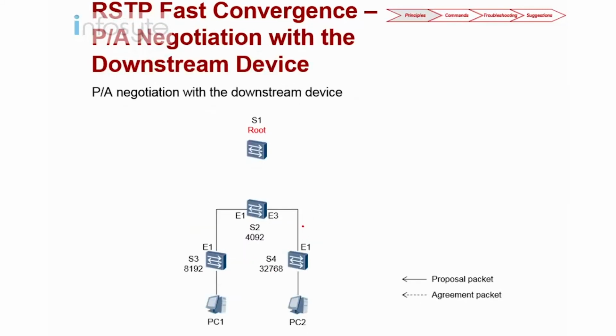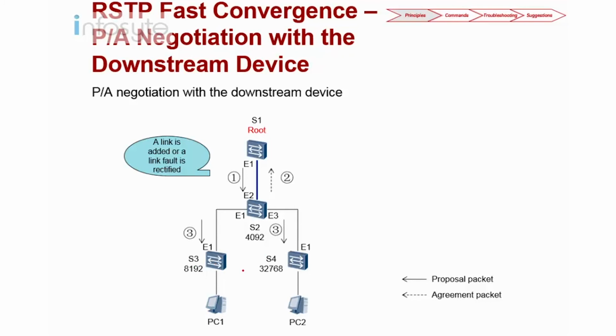Okay, now if we proceed and look into this topology, same thing. So this is my root. I'm actually connecting it. So now the proposal is being sent, and the agreement is being received by S1. Now since this is downstream, S2 is going to send this information downstream to itself. So it's going to send a proposal to S3 and S4.